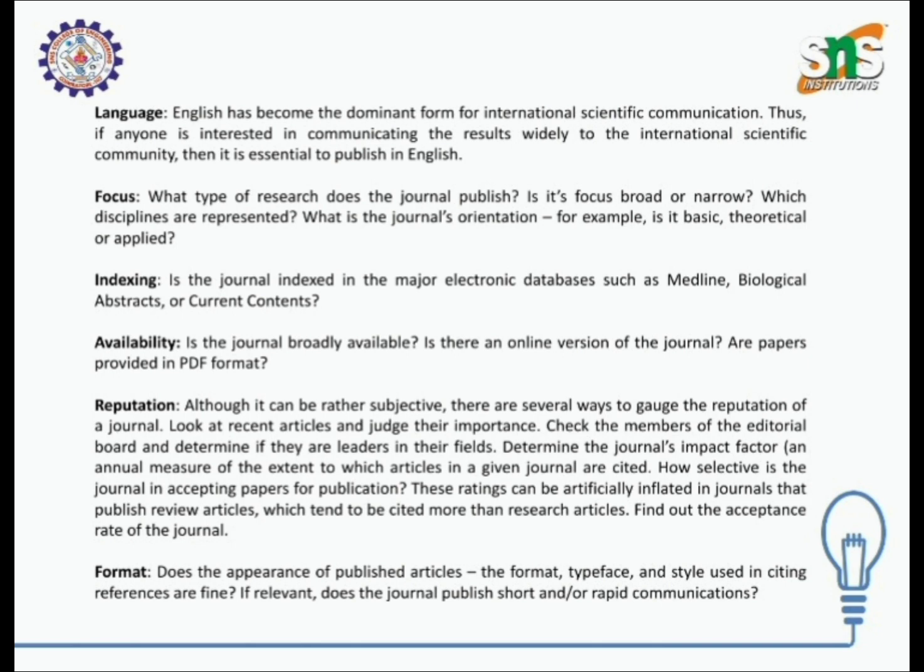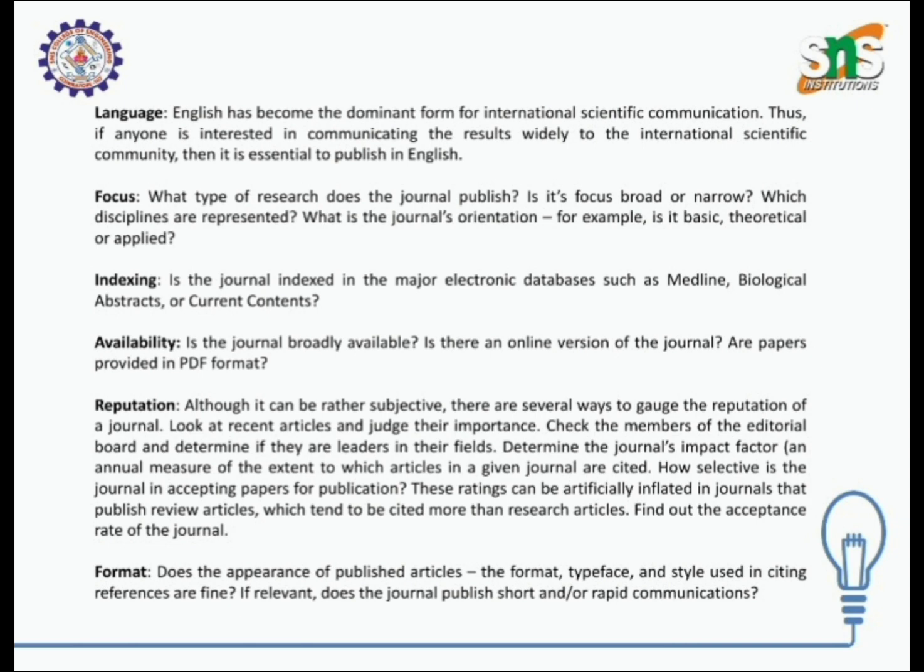Next is focus. So, what type of research does the journal publish? Is it focused broadly or narrowly? Which disciplines are represented? What is the journal's orientation? For example, is it clinical or basic, theoretical or applied? Next is indexing.